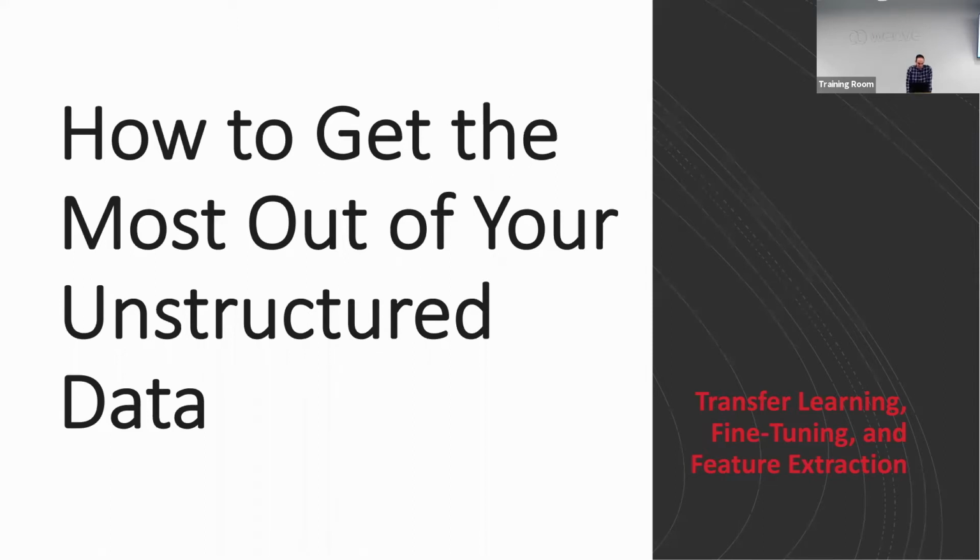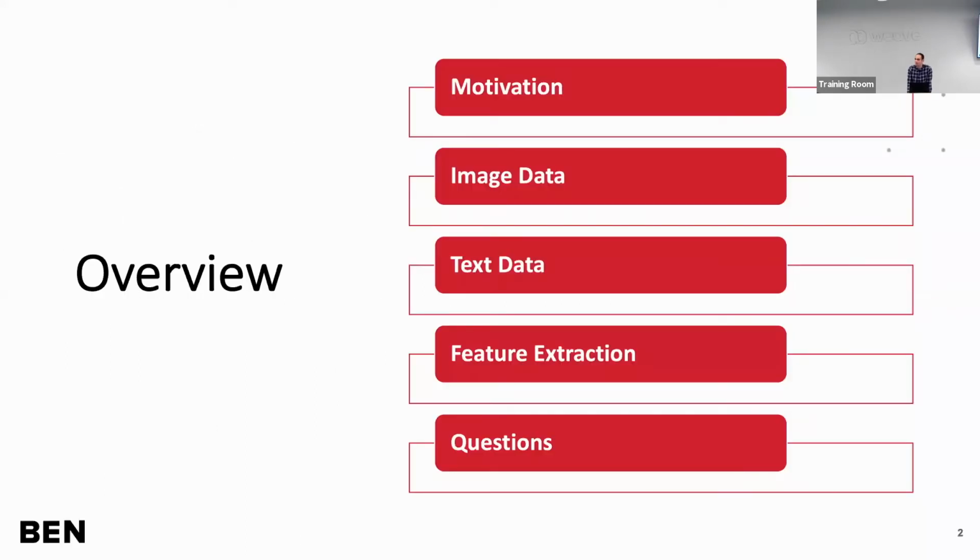All right, so we're going to be talking today about unstructured data and how we can get value out of it. So I'm going to give you a quick overview of the things I'm going to talk about. First, I want to motivate the topic, just talk about why it's important and understand unstructured data a little bit. Then we're going to look at image data, then text data, then combining the two through feature extraction.